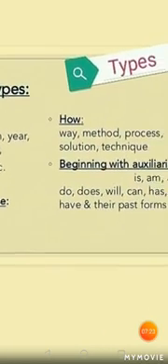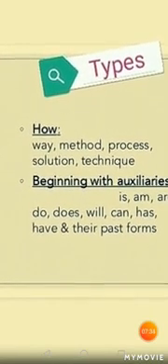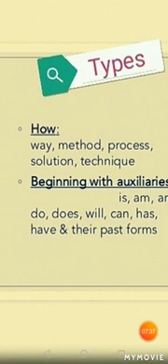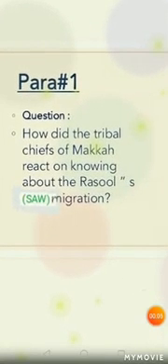In the same way, if the question starts with how, we use the whole method, way, process, solution, and technique of what has been asked. For example, paragraph number 1, question: how did the tribal chiefs of Makkah react on knowing about the Rasul sallallahu alaihi wasallam's migration?